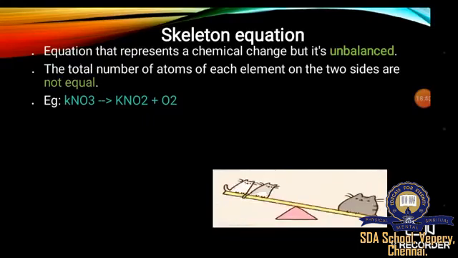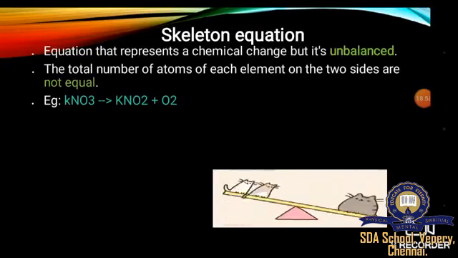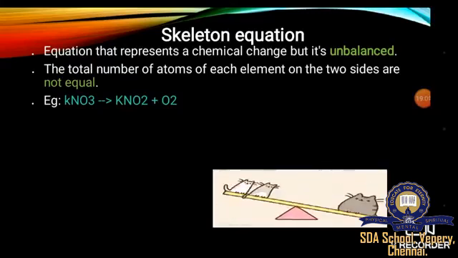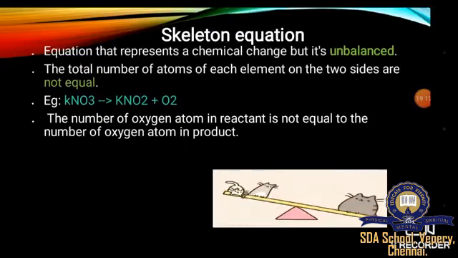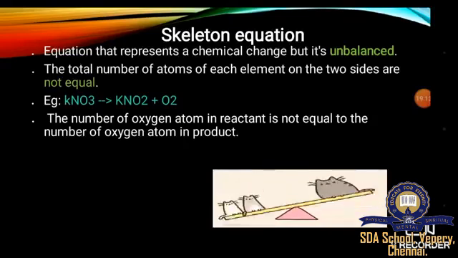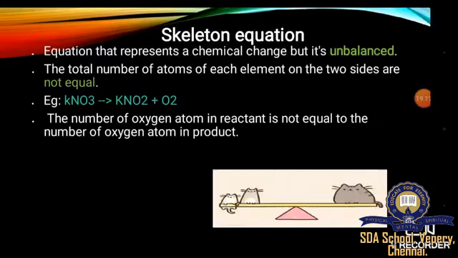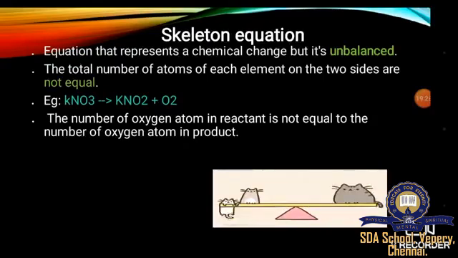On the reactant side we have 3 oxygen atoms, but on the product side we have 4 oxygen atoms. So the number of oxygen atoms in the reactant is not equal to the number of oxygen atoms in the product. So it is said to be an unbalanced equation. If it is an unbalanced equation, then it is said to be a skeleton equation.